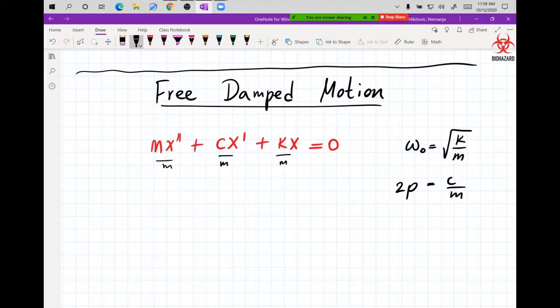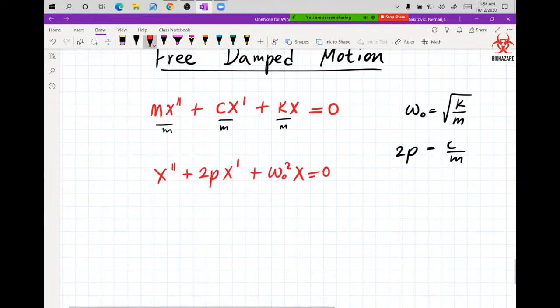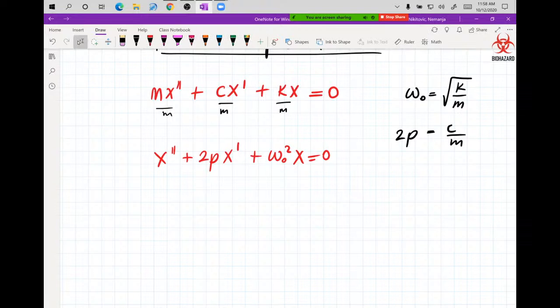It is time for us to now solve this new simplified case: x double prime plus 2p x prime plus omega 0 squared x equals 0. Now, it all looks like unnecessary stuff until you go into r squared plus 2p r plus omega 0 squared equals 0, and you are supposed to solve this quadratic equation.